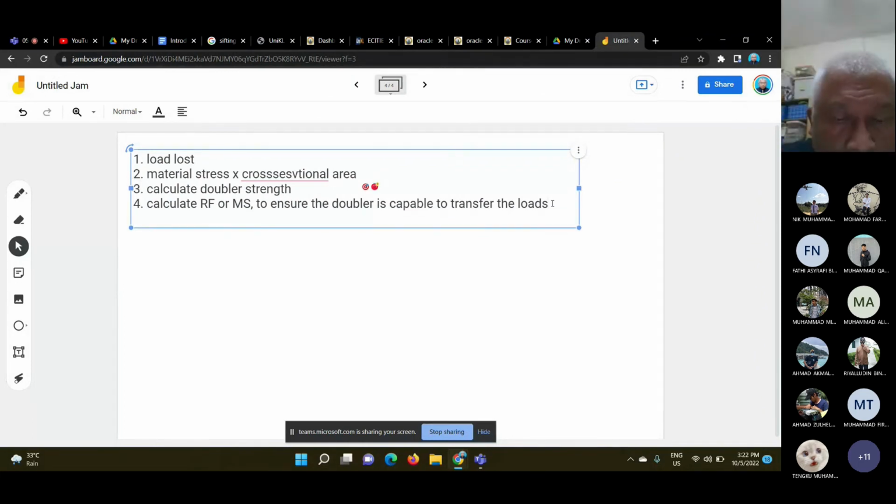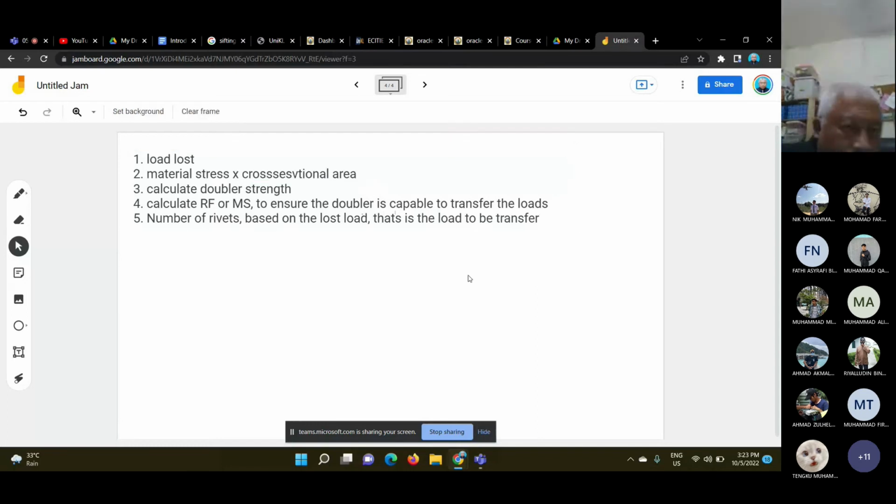And then later you start to calculate the number of rivets, based on the load loss, that is the load to be transferred. Okay, you follow me?